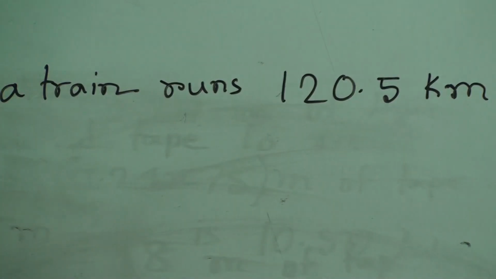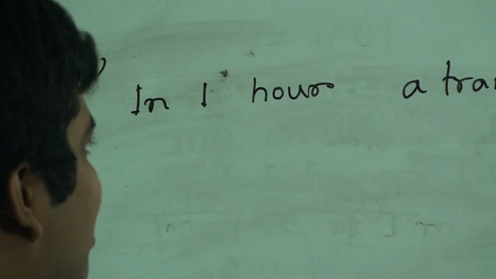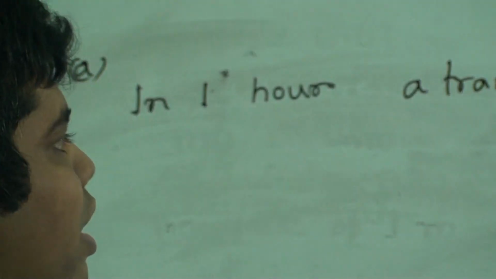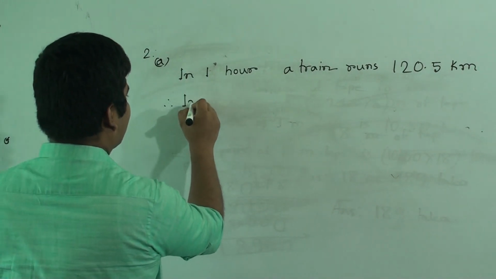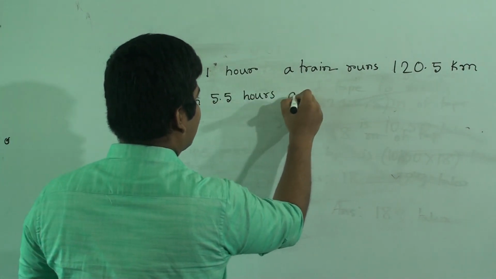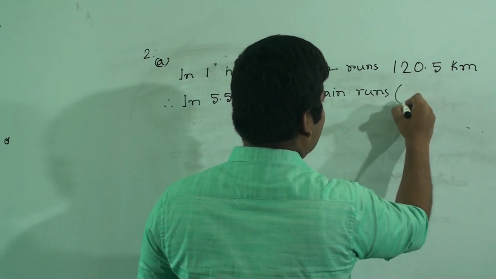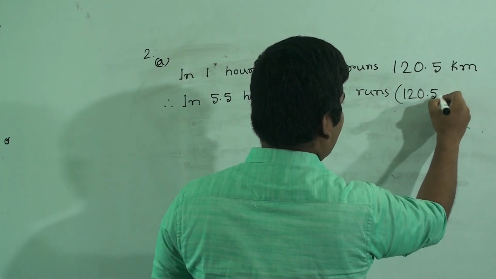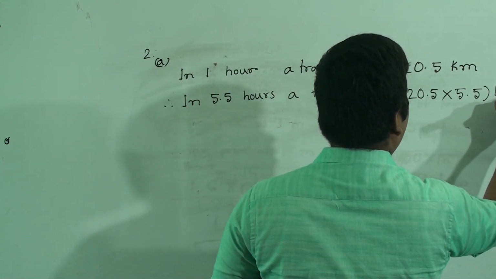Sorry, I wrote kilometer here, but it will be 1 hour. Then in 5.5 hours, a train runs 120.5 multiplied by 5.5 kilometers.